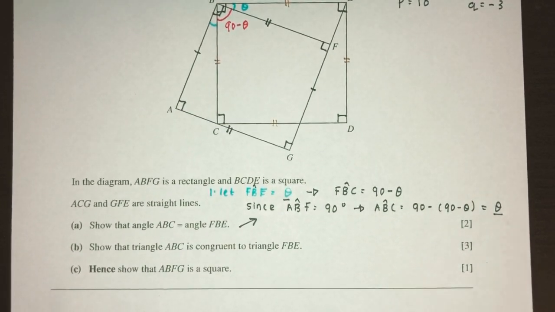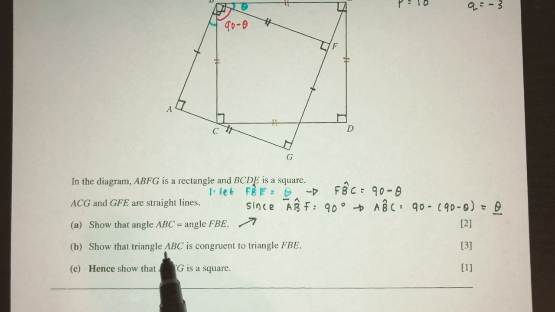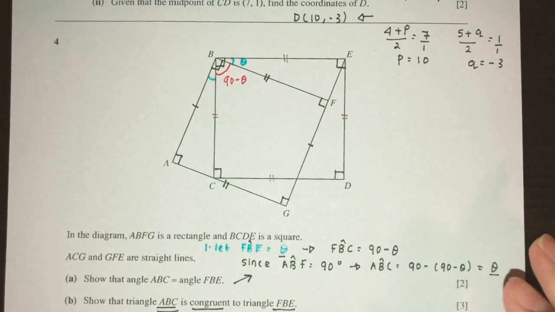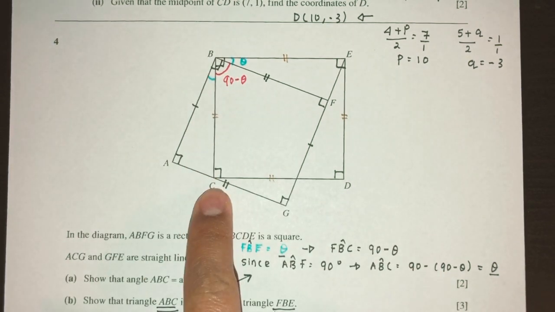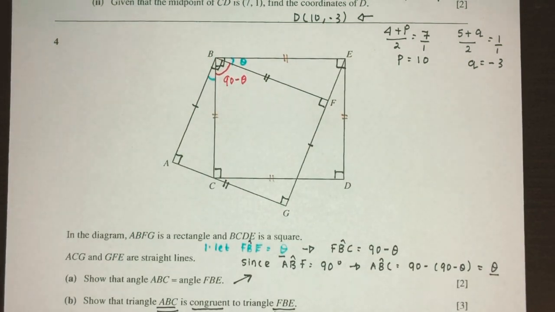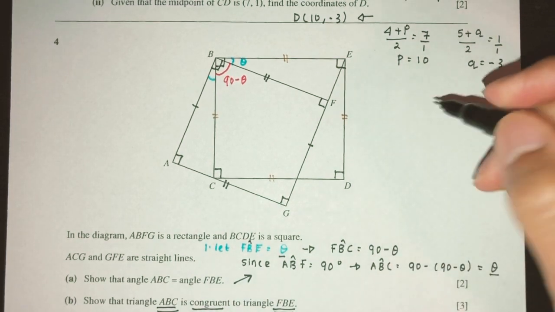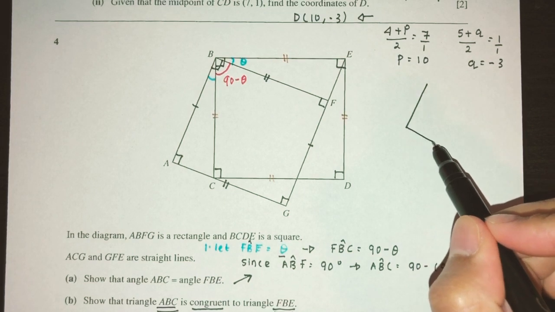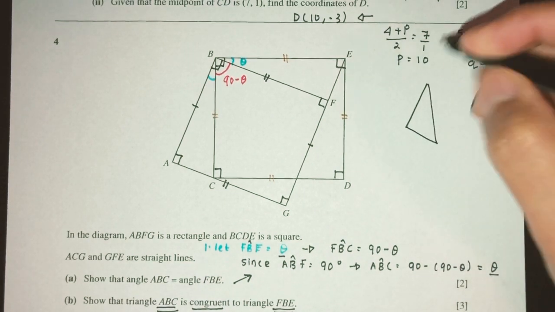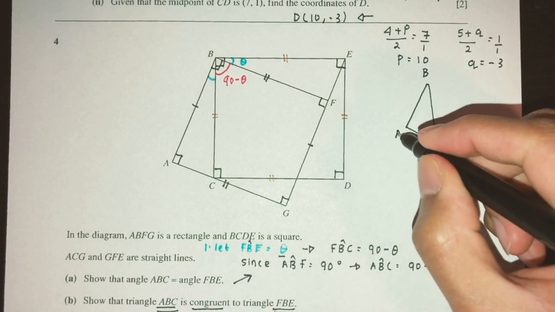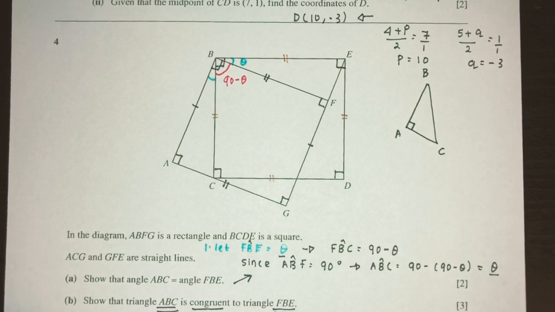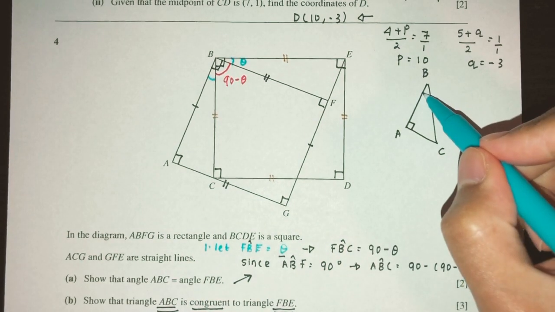Now for part B, we have to show that the triangle ABC is congruent to triangle FBE. So first thing, where is triangle ABC? So ABC and FBE. Let me just take them out first. So we have ABC here in this direction. This is B, A, and C. This is 90. So we know this is the blue angle, right?